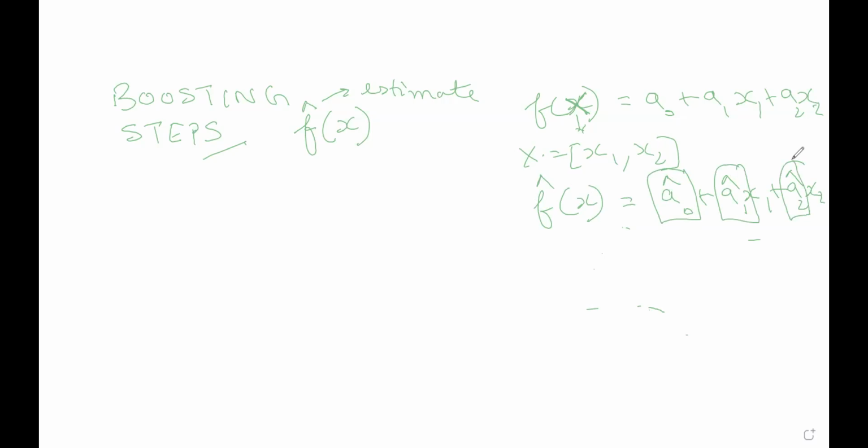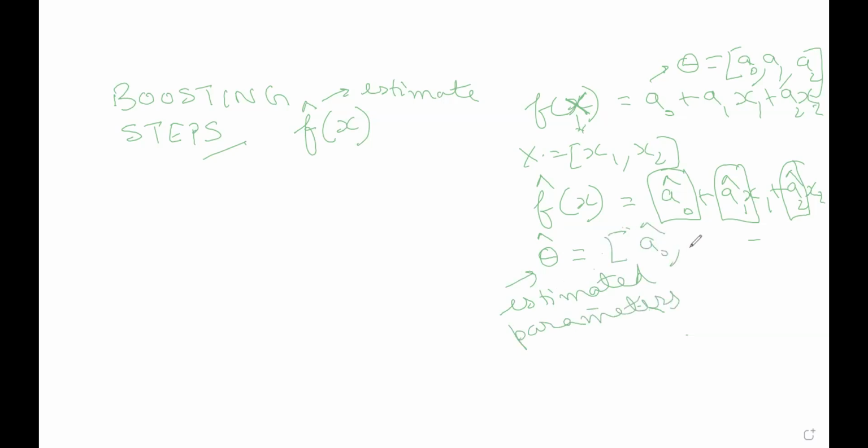Fine. So we call this the parameter vector theta, and this is given by a0, a1 and a2. After the estimation, theta cap is the estimated parameters, given by a0 cap, a1 cap and a2 cap.